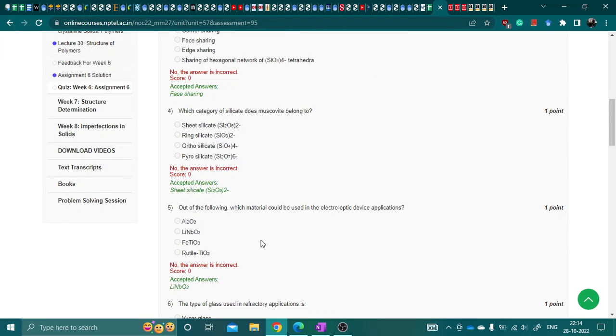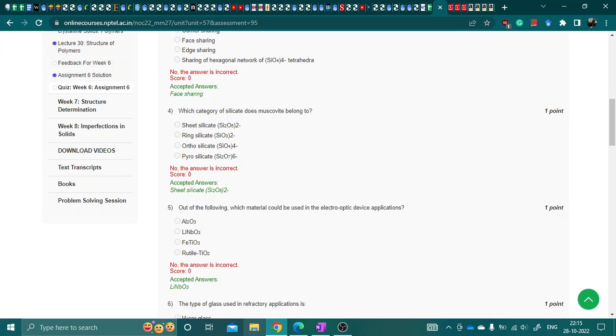Which category of silicate does muscovite belong to? The category that muscovite belongs to is sheet silicate, Si2O5 2 minus, with a deficiency of 2 charges. So muscovite belongs to the sheet silicate group, with sheet patterns.